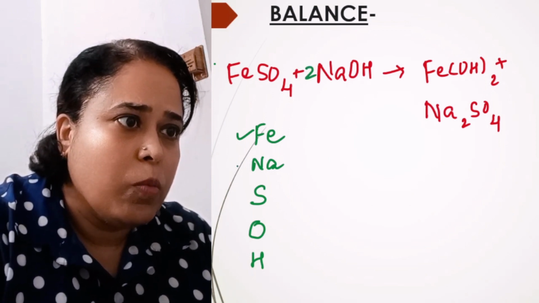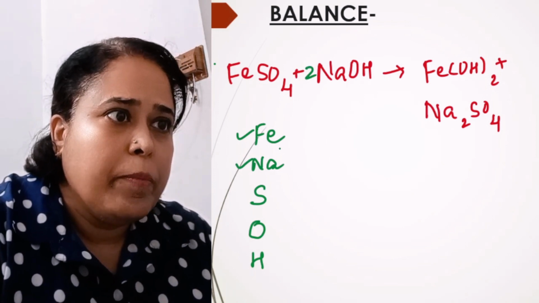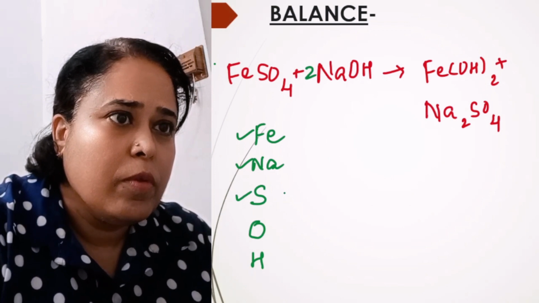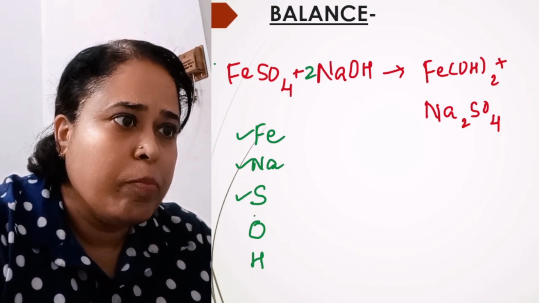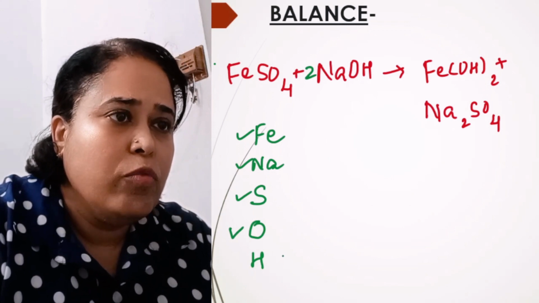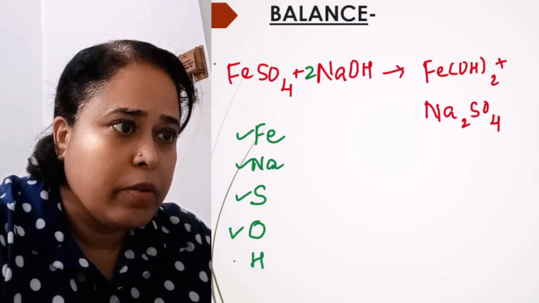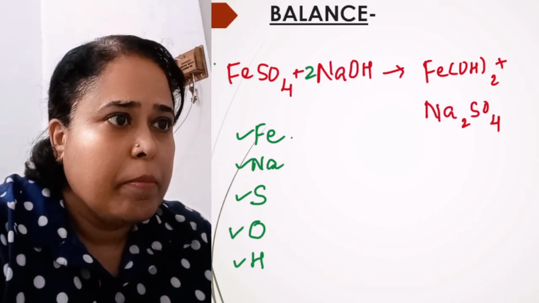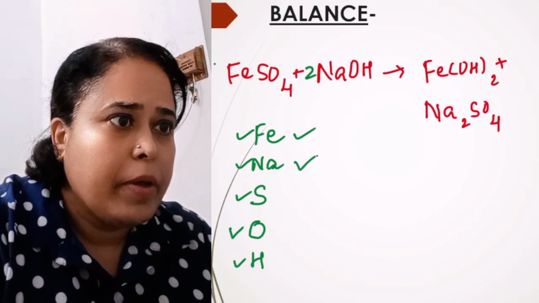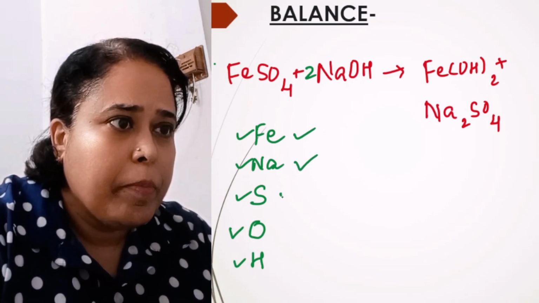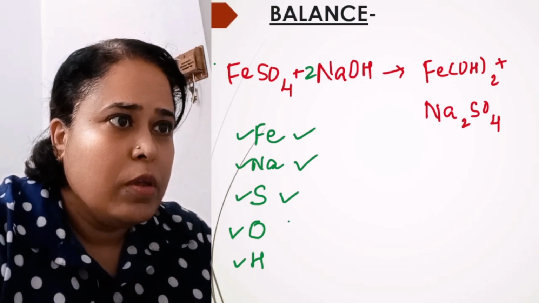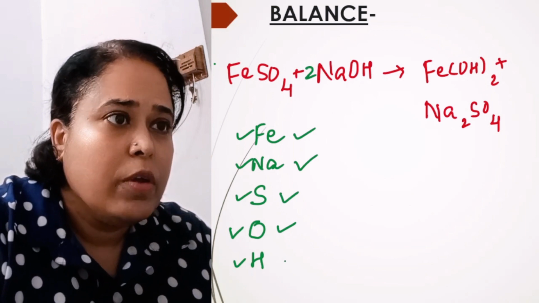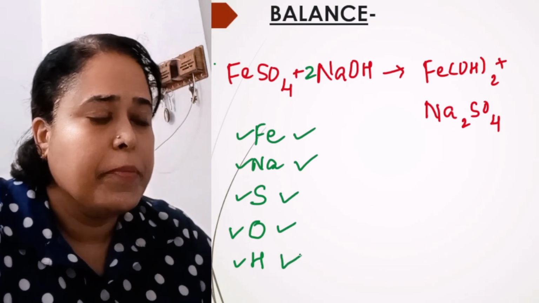Balanced now. Sulfur balanced. Oxygen 4 plus 2, 6 and 4 plus 2, 6, balanced. Hydrogen 2 on the reactant side, 2 on the product side. Let's check again. Iron balanced. Sodium balanced. Sulfur balanced. Oxygen 4 plus 2, 6 and 2 plus 4, 6 balanced. Hydrogen 2 on both sides balanced.